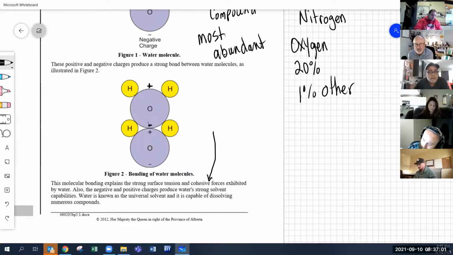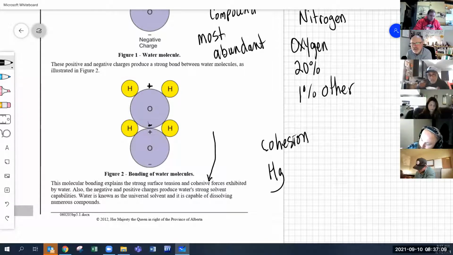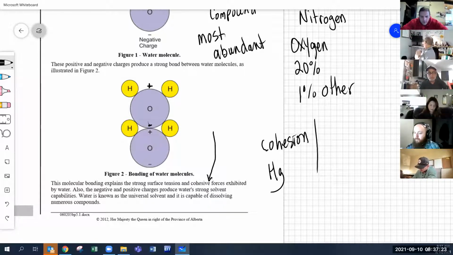Now, when we start talking about cohesion, I would say mercury has very strong cohesive forces because it likes to stick together. It's kind of like the T-1000 Terminator.